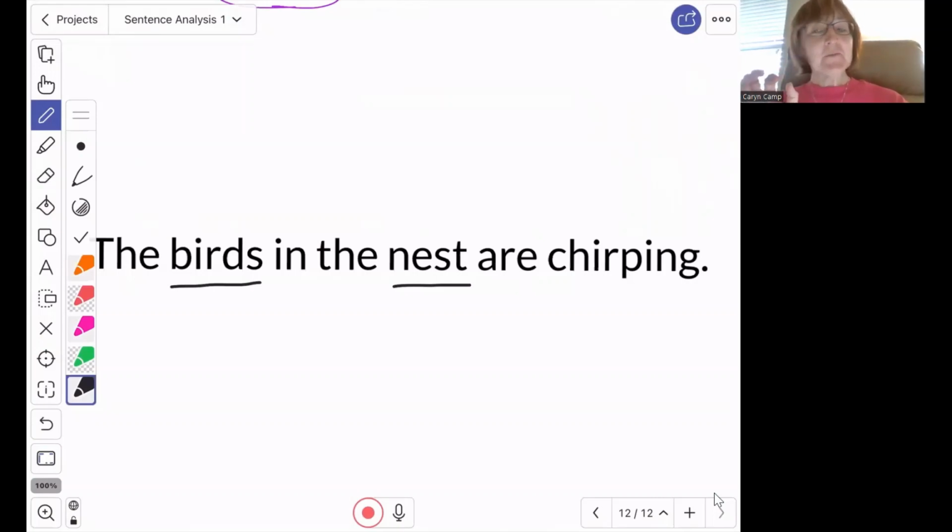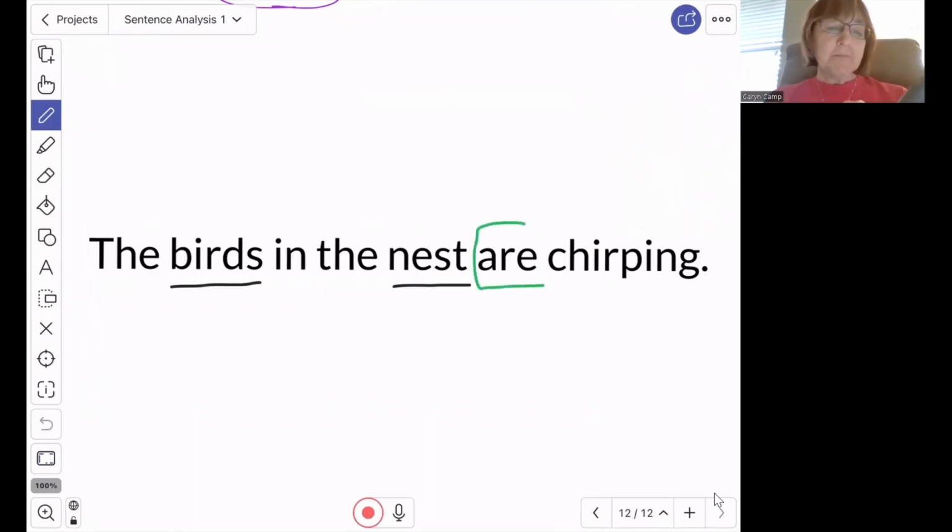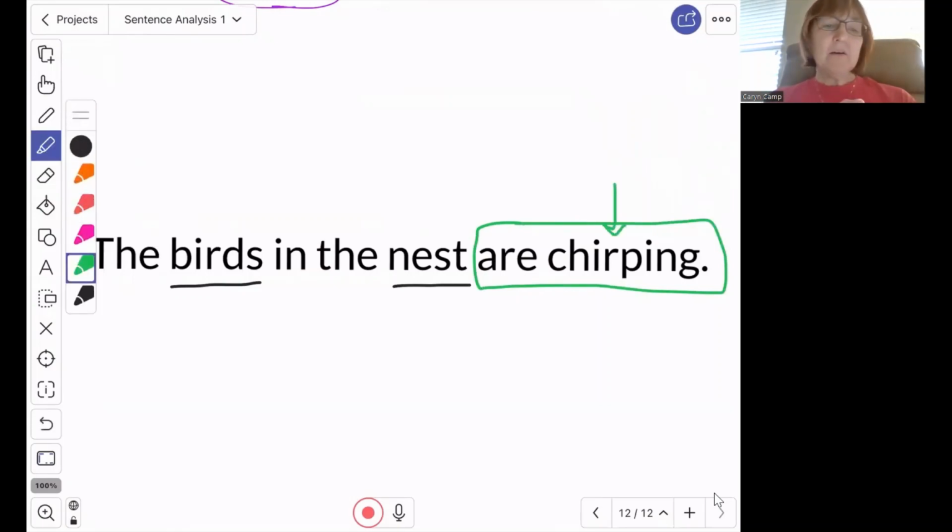So what I said is sometimes it's easier to find the predicate first or to find the verb first. So what is the action happening in this sentence? Are chirping. Now, chirping is an action verb. Do you notice how there's an ing on the end of this action verb? Do you remember what I said in the last lesson?